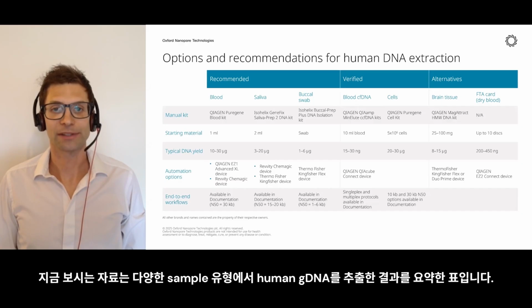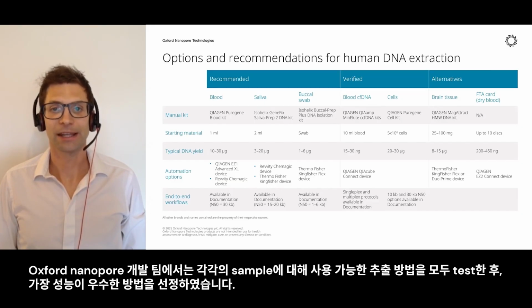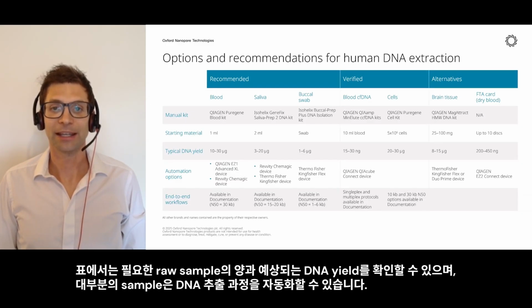Here is a table summarizing our experience of extracting human genomic DNA from different research sample types. For each of these, our teams have tested available extraction methods and selected those that perform best. In the table, you can see the required amounts of starting material and expected DNA yields. For most samples, the extraction method can be automated.